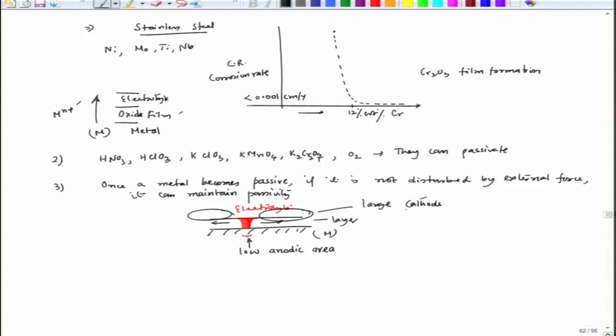In that case the dissolution rate in this portion will be extremely high. So, we can have a very rapid pit formation, and the pit growth could be autocatalytic in nature, and that can lead to failure or catastrophic failure of the material.